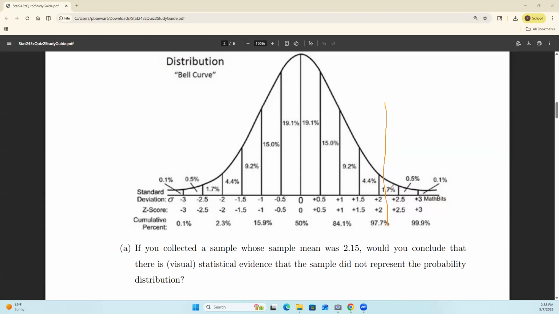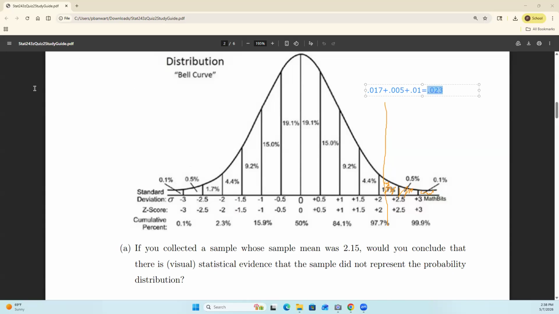If we did an actual calculation, we would see that the probability of being more extreme is only, in terms of decimals, 0.017 plus 0.005 plus 0.001, which is 0.023, I think. All right, a very small probability of being more extreme than that observation.